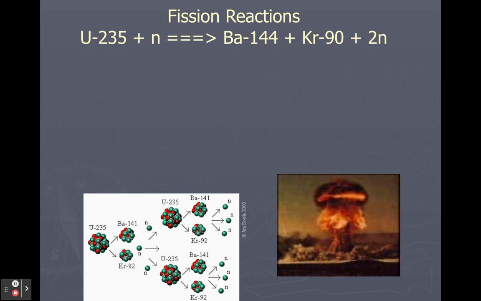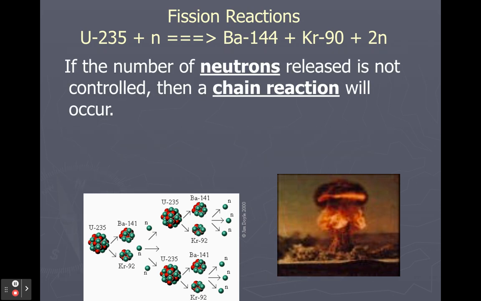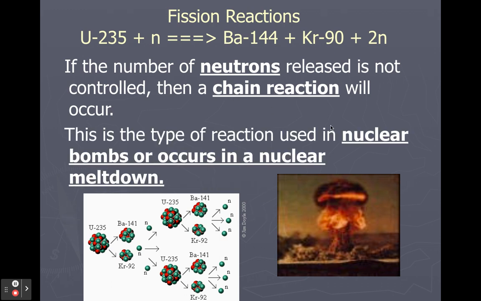Okay, again, fission starts off with a neutron hitting that uranium nucleus, and it creates even more neutrons, which will then hit other nuclei, creating this chain reaction and creating a lot of energy. Okay, it's used in nuclear bombs or nuclear meltdown. Also, it can be controlled to make nuclear energy.